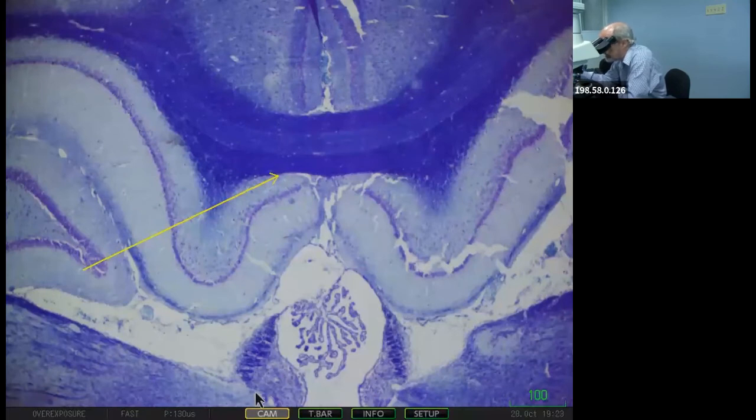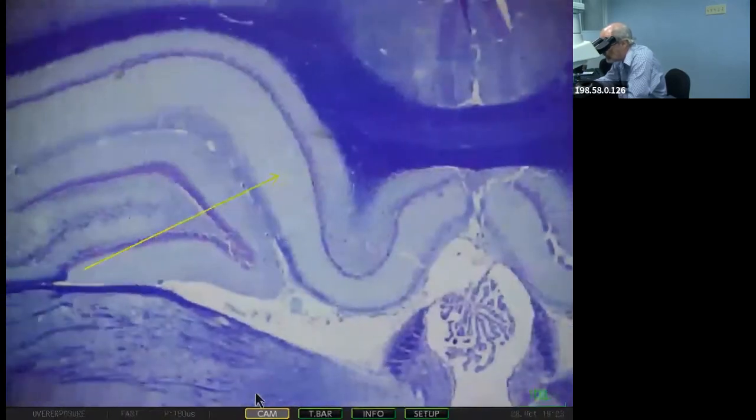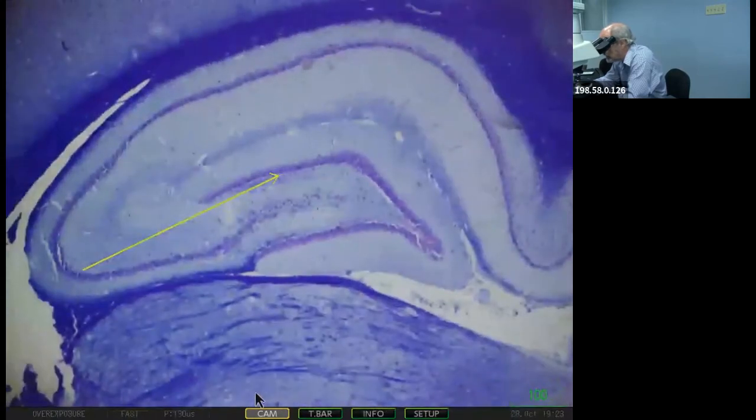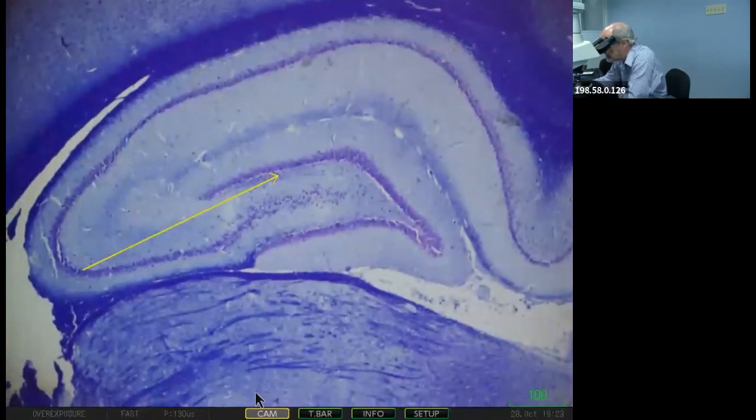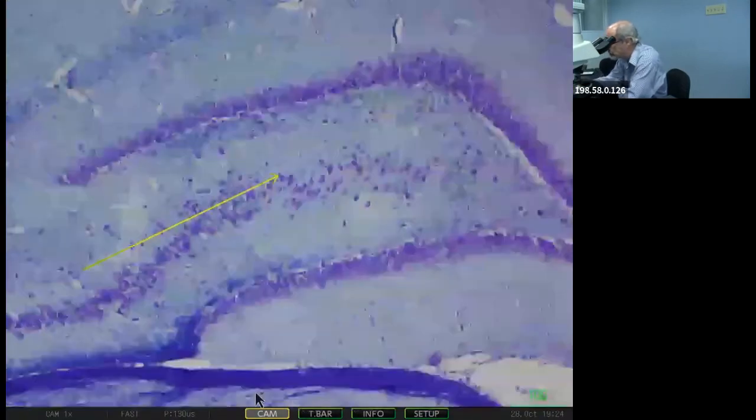So you have a combination of the structures stained by the myelin, which are your myelinated fibers, with your neurons, which are stained in purple, more or less. And you see, we find again the hippocampus that we saw previously.